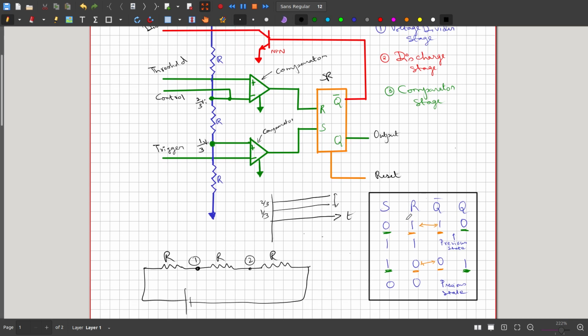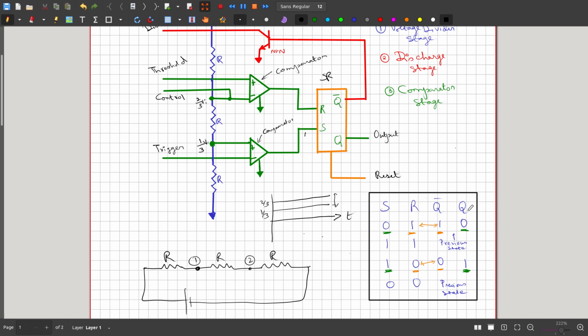This is the truth table for the SR logic. If S is logic low and R is logic high, then Q bar follows the logic of R, or Q follows the logic of S. In order to switch on Q bar, we have to reset the pin, that is, make R pin high.